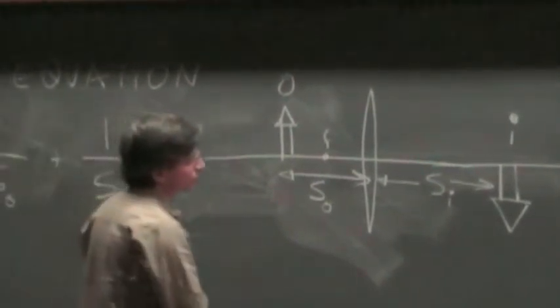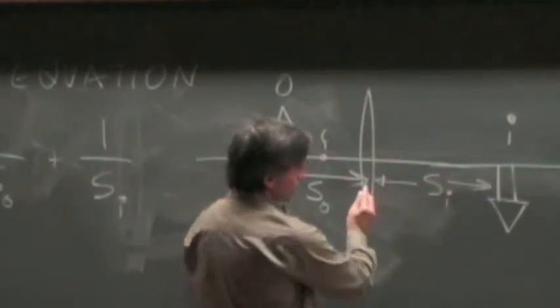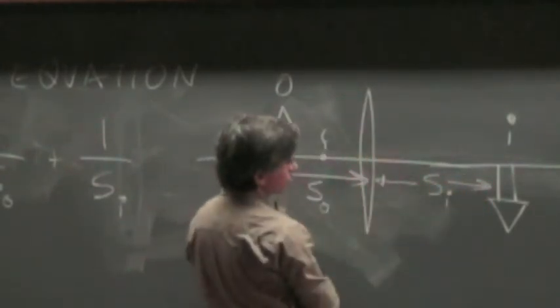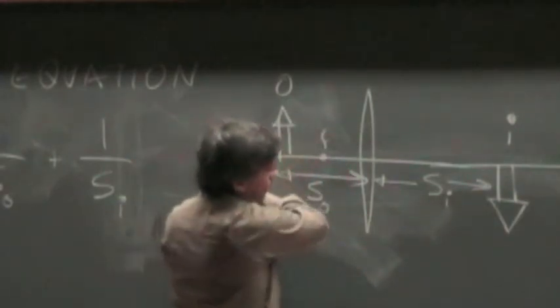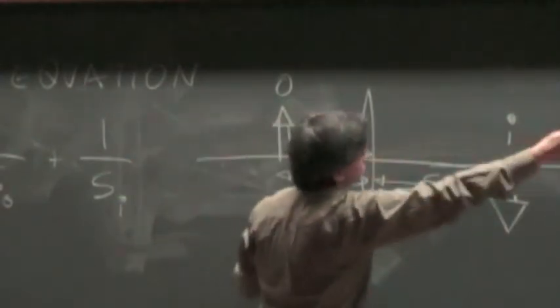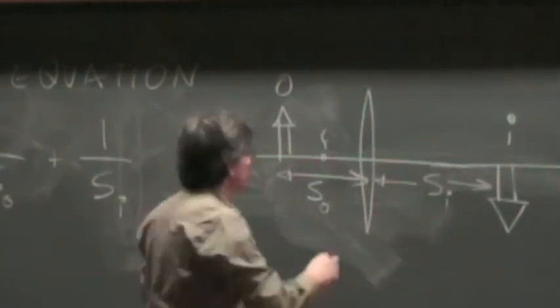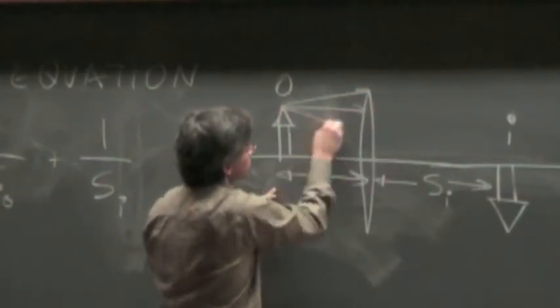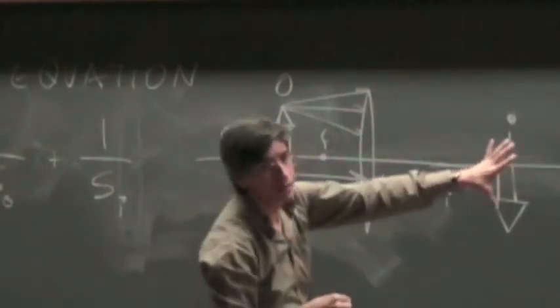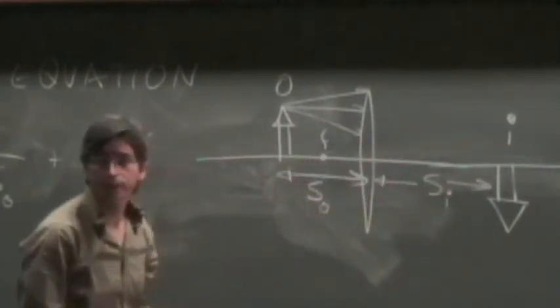The convention is to call the distance of the image positive if, in the case of a converging lens, it's on the right side of the lens, that is, on the side of the lens towards the direction in which the light rays are propagating. So if this is the object, the light rays that we're interested in are moving that way, and the observer must be somewhere here.